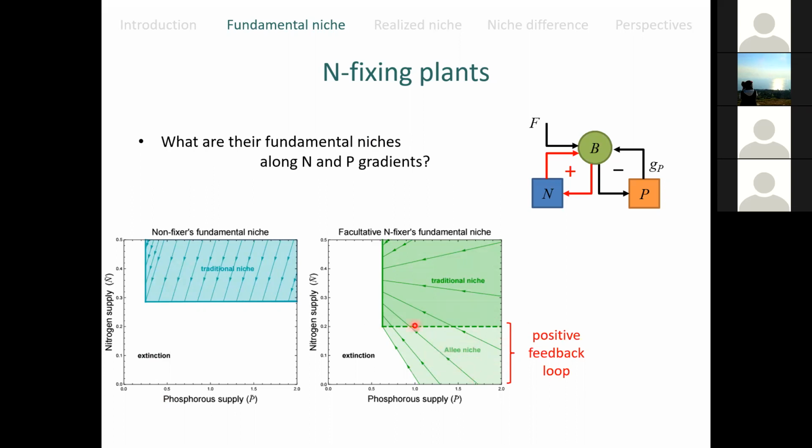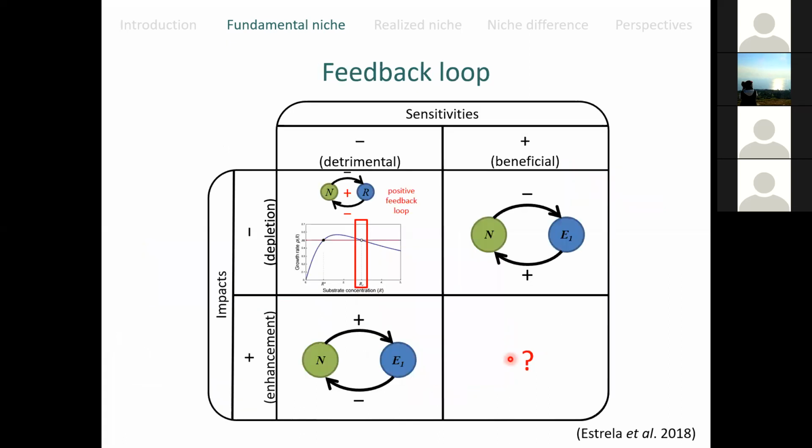But as you can see from these impact vectors, pointing up, the net effect under low nitrogen availability of my N fixer is to enrich the system in nitrogen. So through fixation and recycling, this nitrogen fixer puts more nitrogen in the soil than it took. So in the end, it's basically enhancing the resource it is consuming.